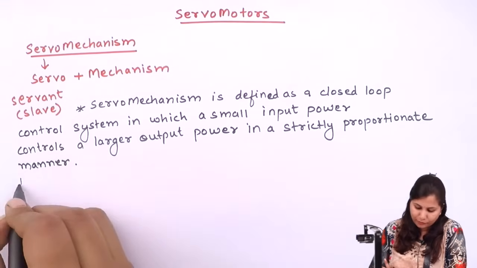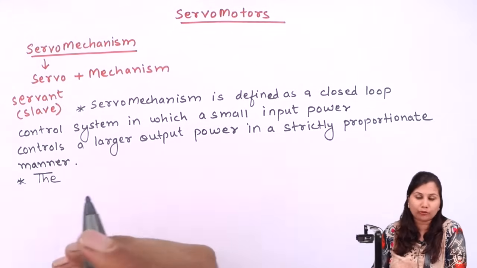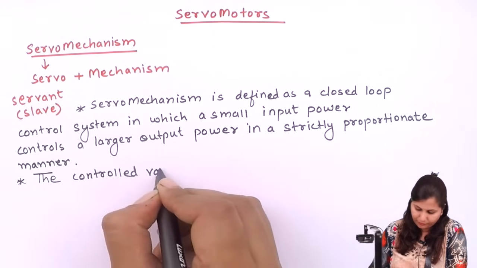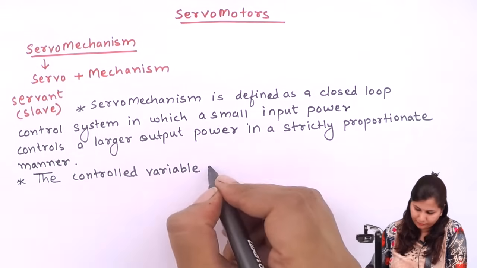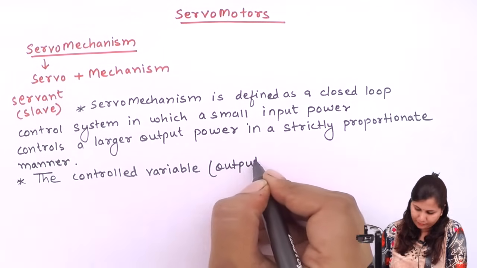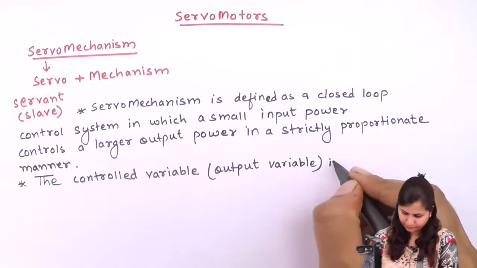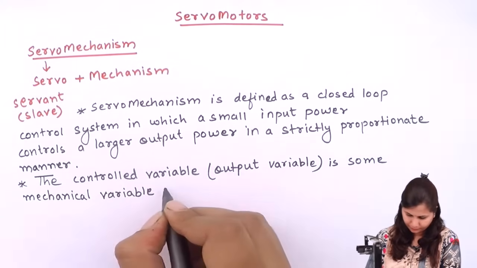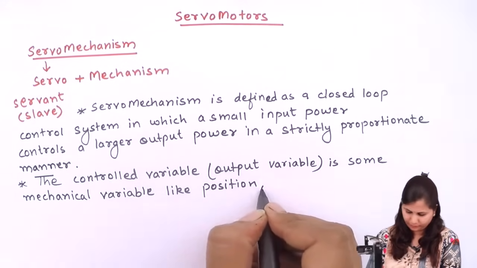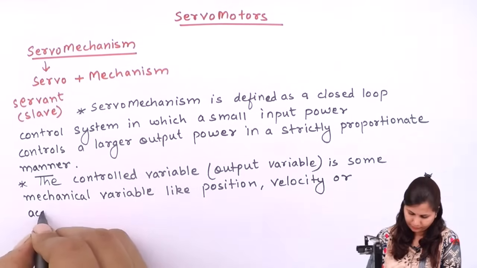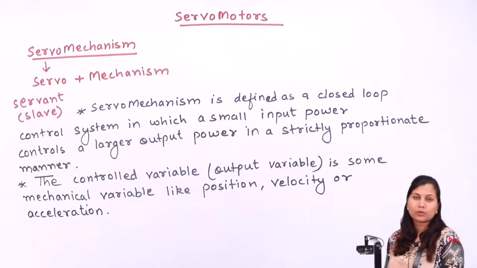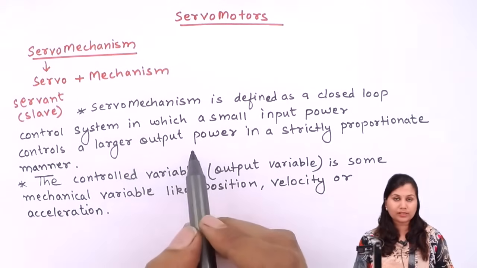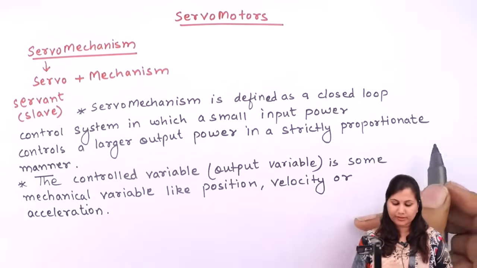In this servo mechanism, we are converting a small input power, and it controls a large output power in a strictly proportionate manner.